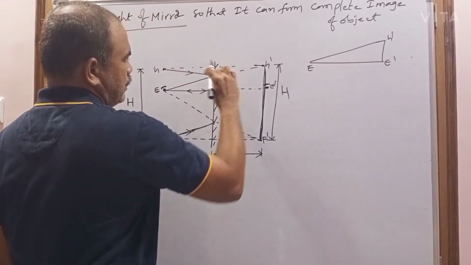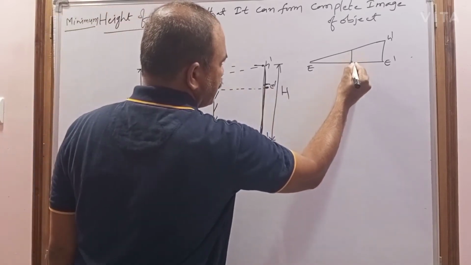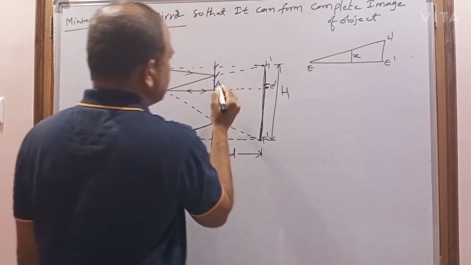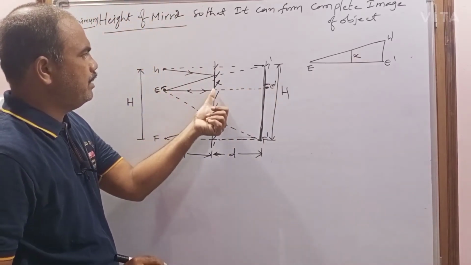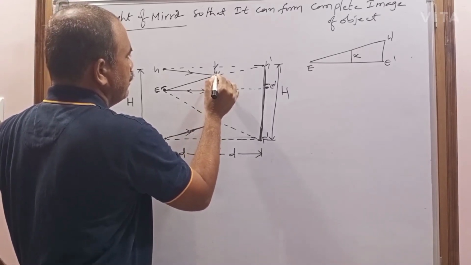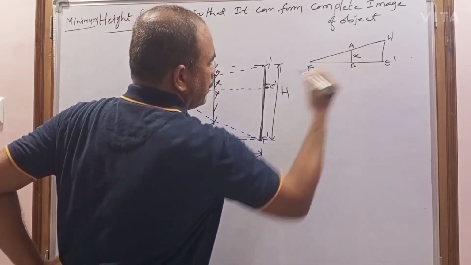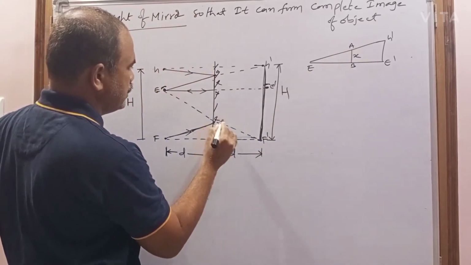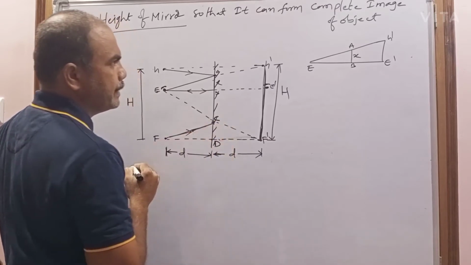Let us imagine this part's height will be x. And what is the distance from here to here? Now consider this part's name will be A, B. Now consider this is C and this is D.